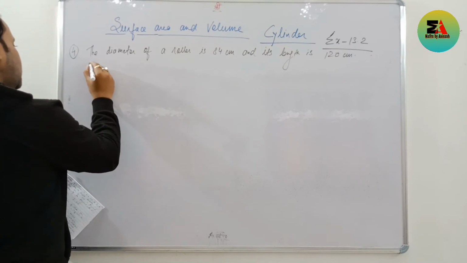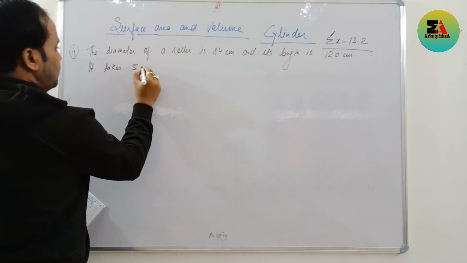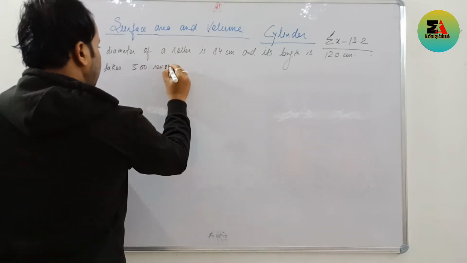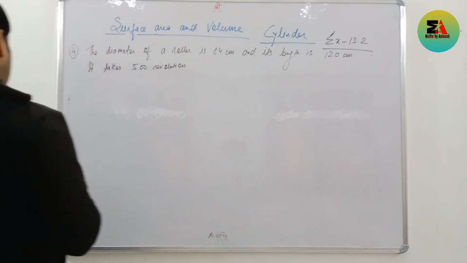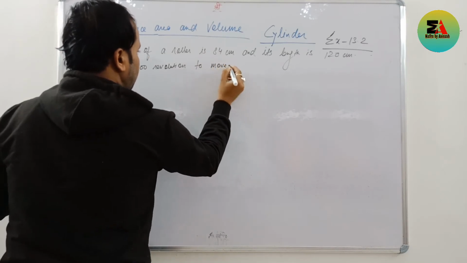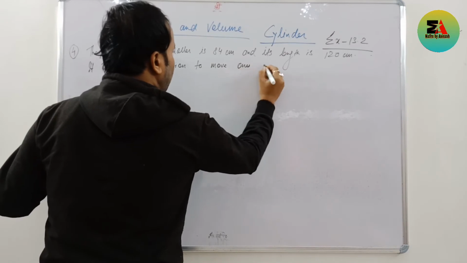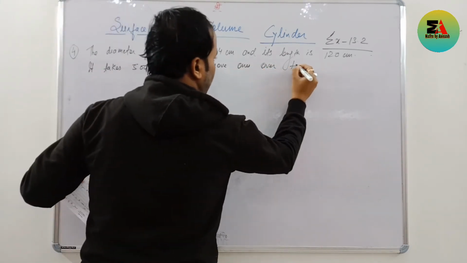It takes 500 revolutions to move once over to level a playground.